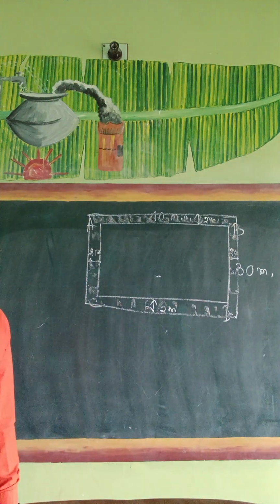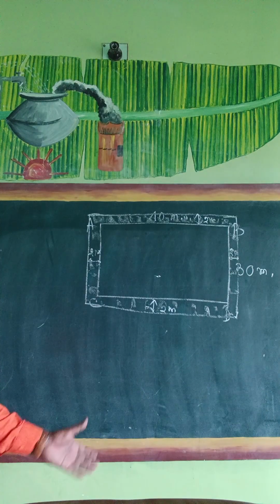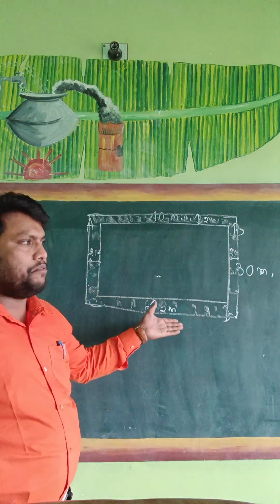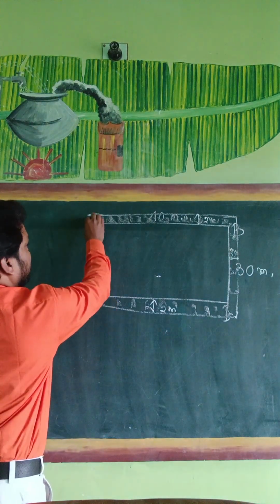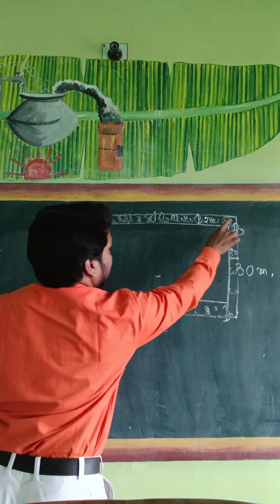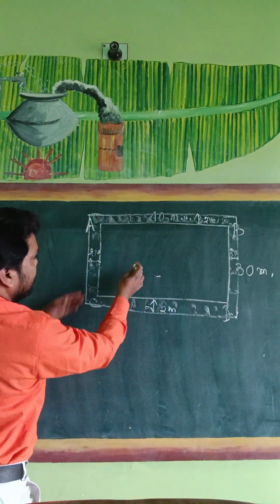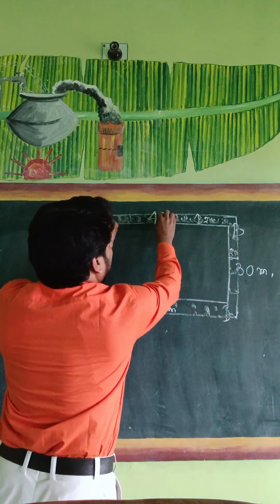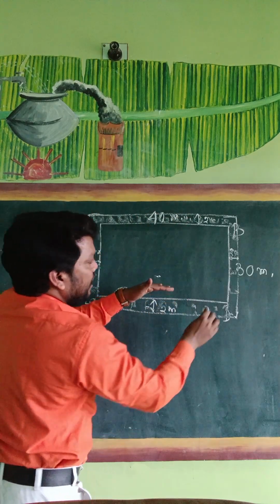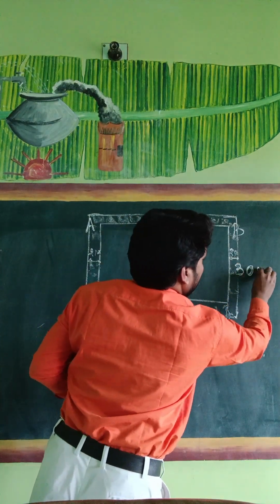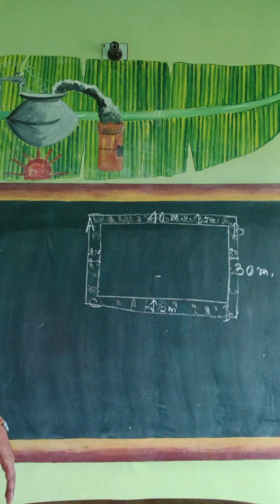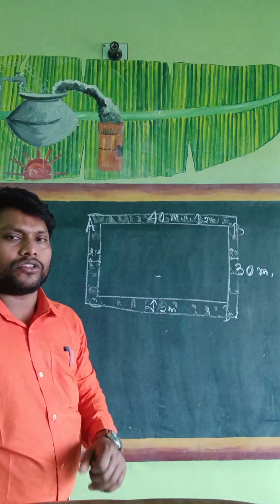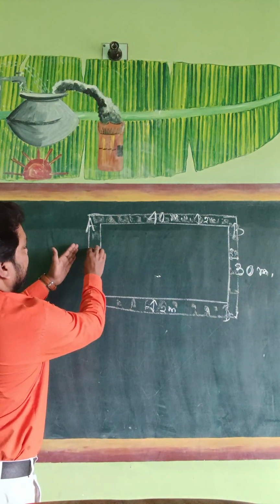So I have decided today I will give this kind of problem. Suppose at first it was ABCD, its length was 40 meter and breadth was 30 meter. Outside it there is a path of width 2 meter.